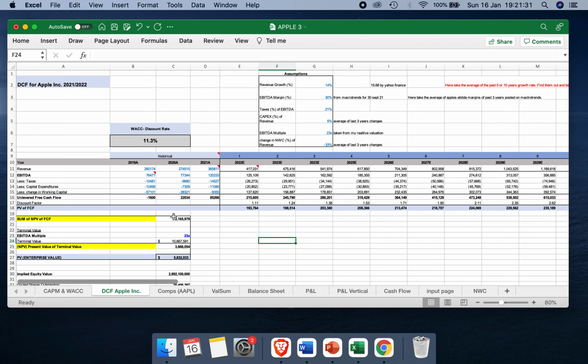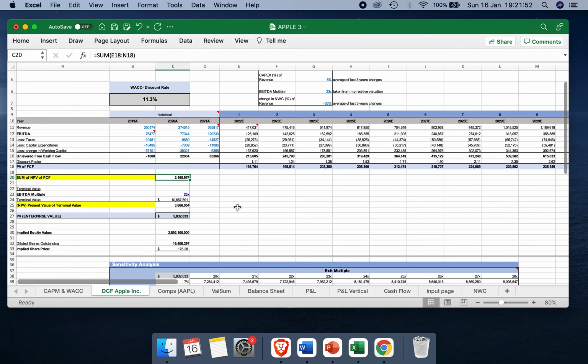This is a very easy step: I just added up the present values of the free cash flows, and this was the figure I got, which is 2.1 trillion. Right, we are not done yet, because this is all the calculation for the present value of the future cash flows of the next 10 years.